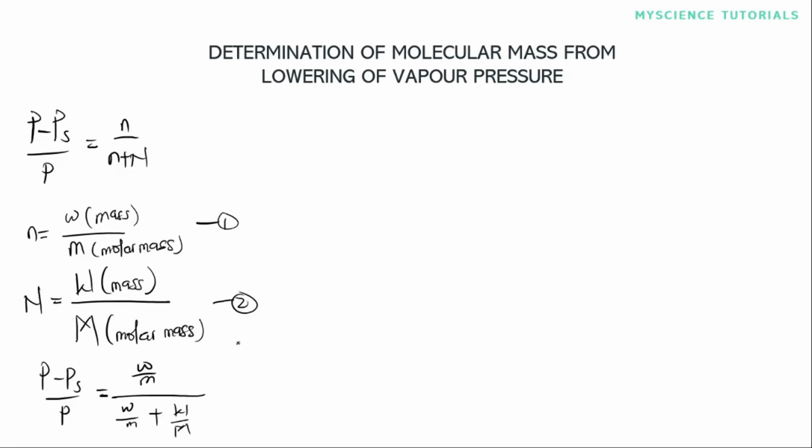Alright, so this is the formula that we use if you want to calculate the molar mass of the solute, provided we know the mass of the solute and the mass of the solvent.